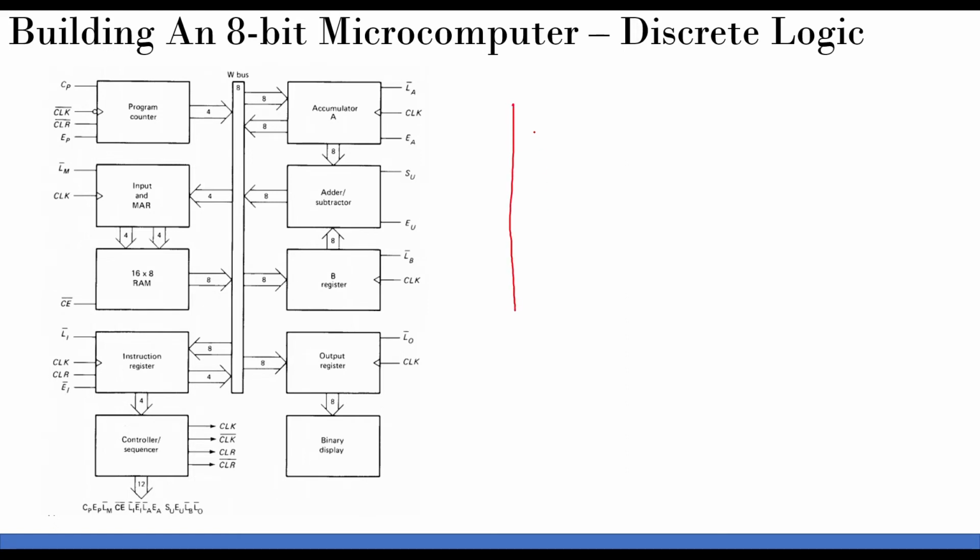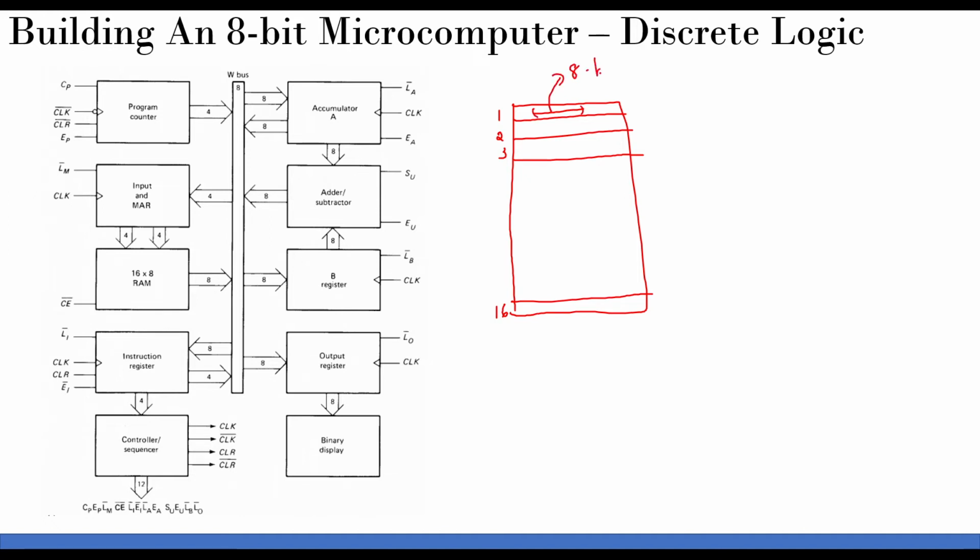Okay, so basically if I see memory as a continuous set of locations, you'll have 16 of them. So this is 1, this is 2, this is 3, and up to the 16th one. And then the size of the data in each is 8 bits. That is why it is 16 cross 8. Very important to understand. 16 memory locations, each location will store 8 bits of data.